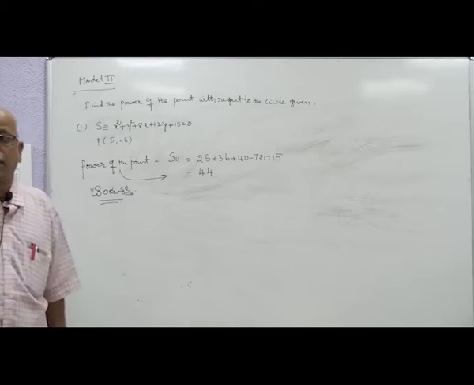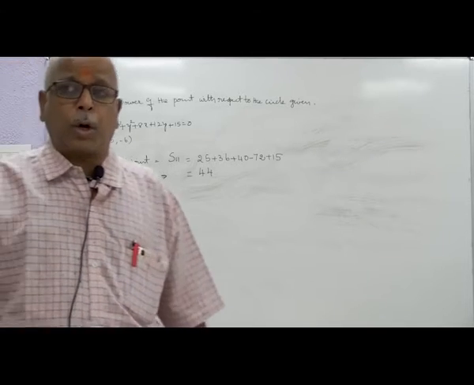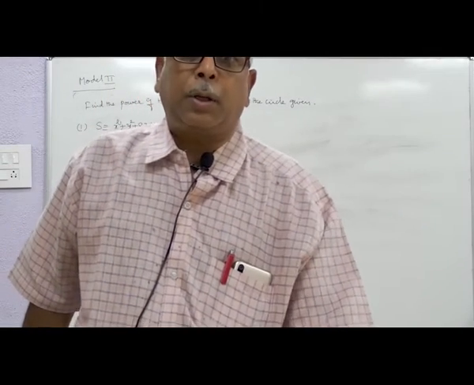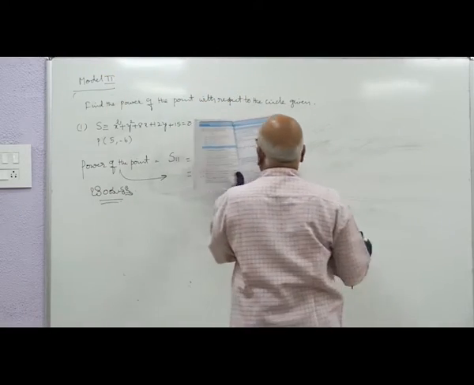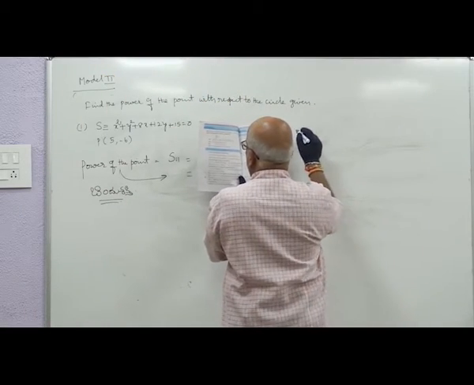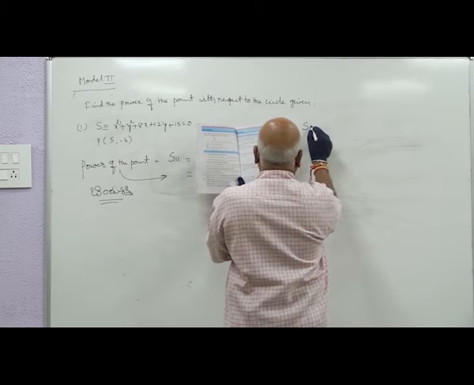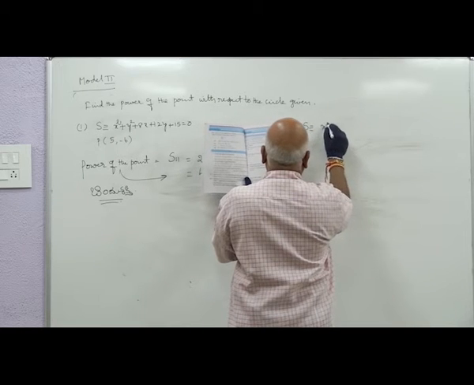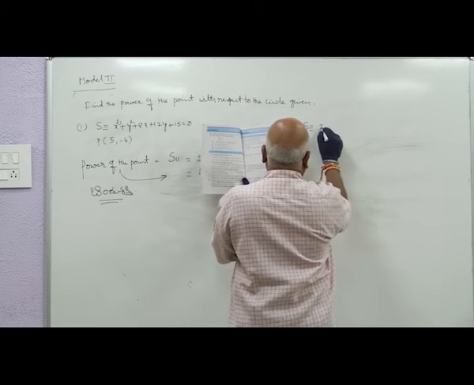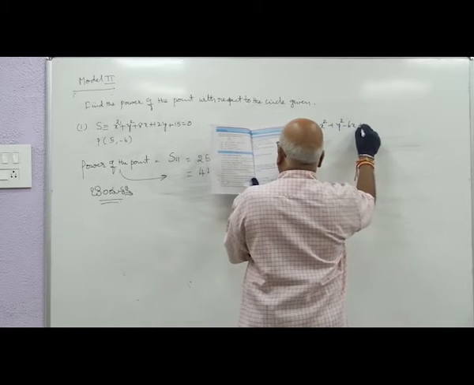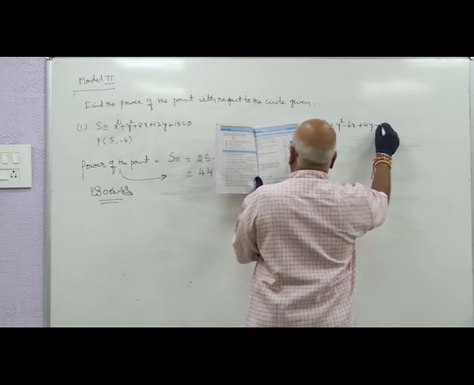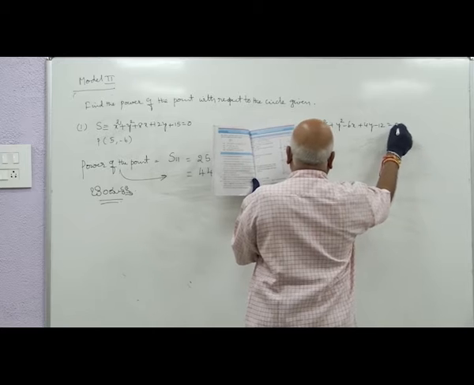In this model, you can take up 2 problems as homework or assignment, whatever the name that you may take, but the task is to solve the problem. X square plus y square minus 6x plus 4y minus 12 equal to 0.